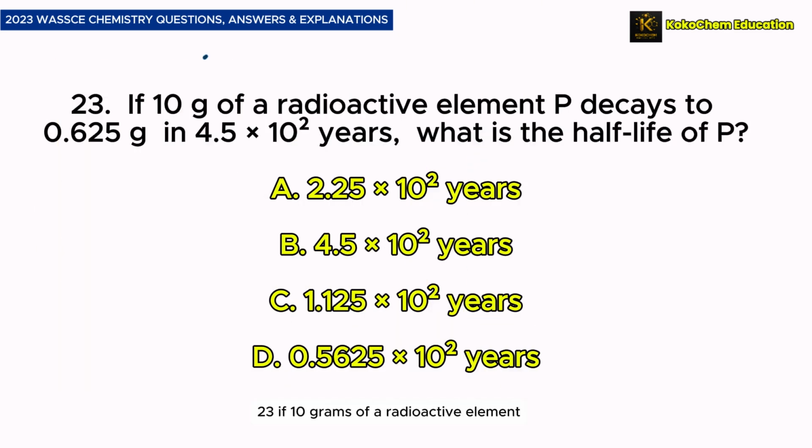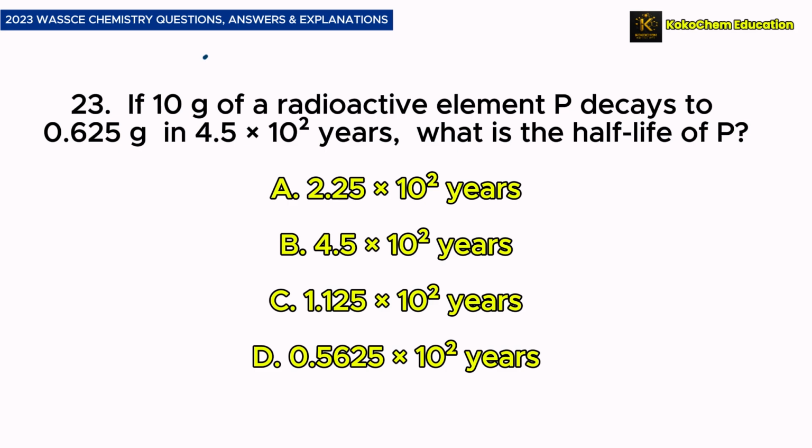23. If 10 grams of a radioactive element P decays to 0.625 grams in 4.5 times 10 to the power 2 years, what is the half-life of P? A. 2.25 times 10 to the power 2 years.